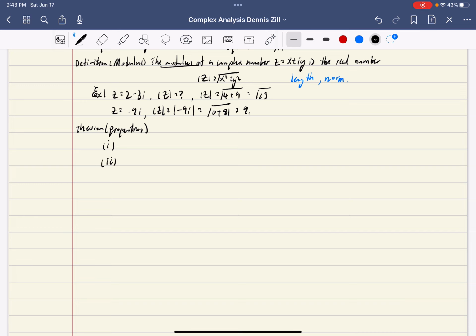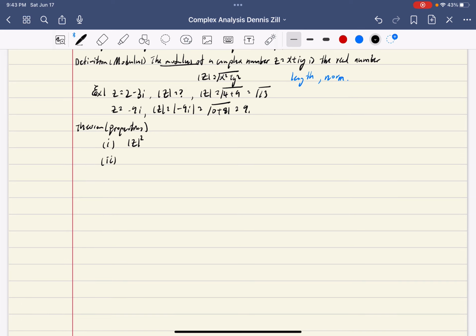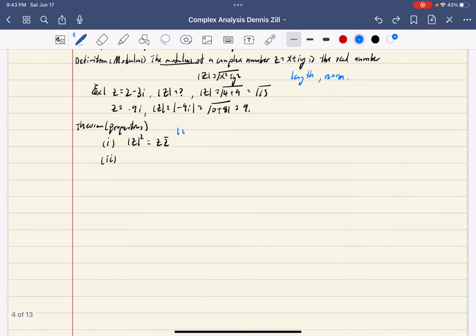You have 2. So that is the square of the modulus is equal to z times z conjugate, right? We know that v squared, that is equal to the inner product of itself, right?